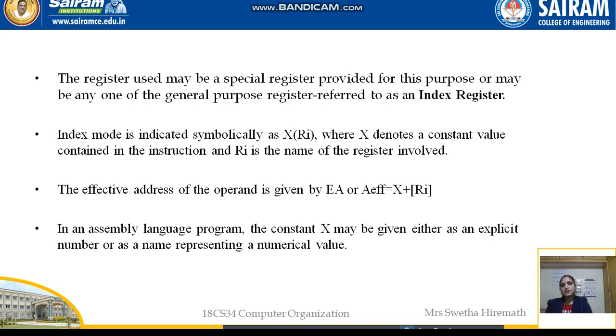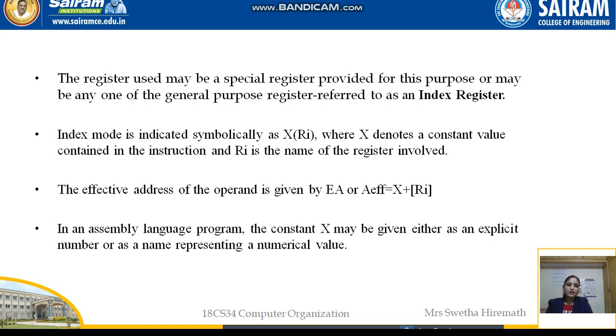Index mode is indicated symbolically as X(Ri), where X denotes a constant value contained in the instruction and Ri is the name of the register involved. The effective address of the operand is given by EA equals X plus Ri. That is, the value of Ri will be added to some constant value. That constant value is called the offset value.